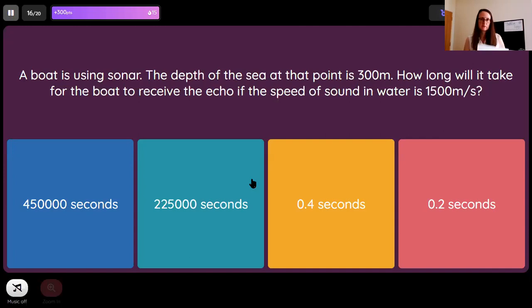We've got 300 meters, we know the speed, so we can calculate the time for the sound to reach the seabed, which is just distance divided by speed, because time is distance divided by speed. But we need to remember that for that echo to come back, we need to double that answer. So we end up with 0.4 seconds.